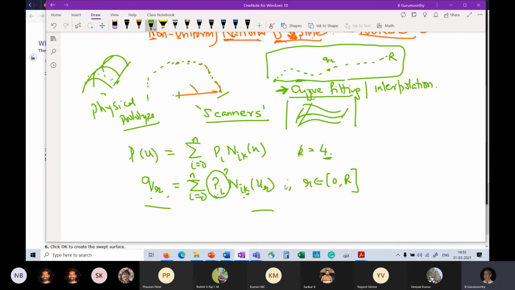Without any issues, we can start with k equals 4. Unless you happen to know a priori that it is quadratic, in which case you can fix it to be 3. But in general, for some arbitrary curve points, points that come to you on an arbitrary curve, you are very safe assuming k to be equal to 4. Right? So the only thing left here then is n, and we'll just figure out how to pick n now. But other than that, assuming that you have also picked the value of n, then the N_ik's are known.